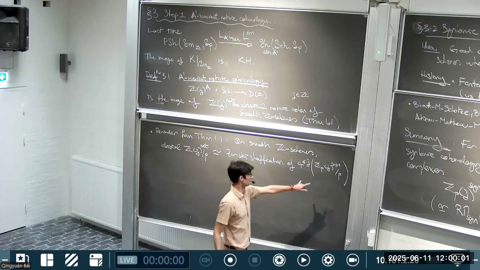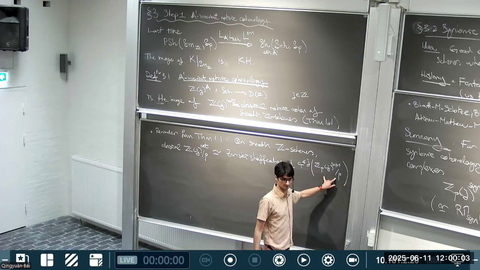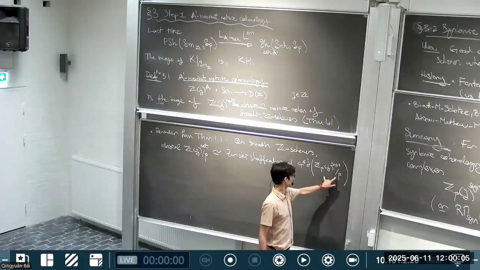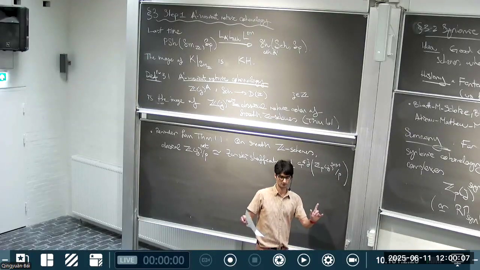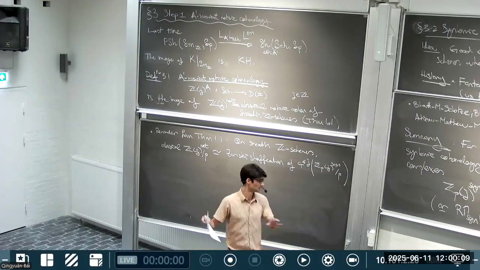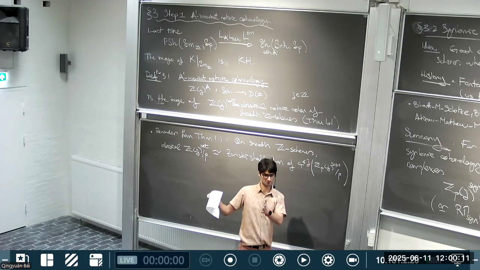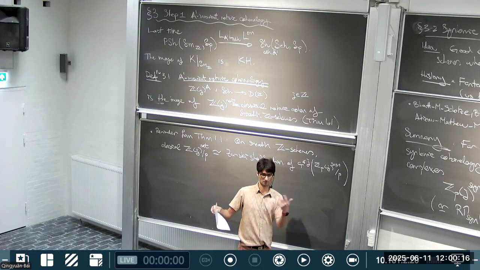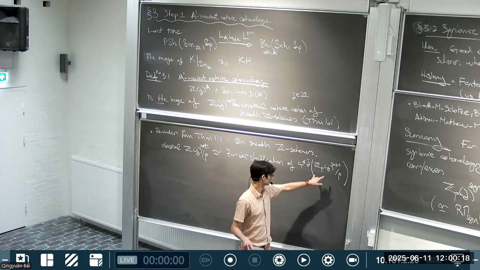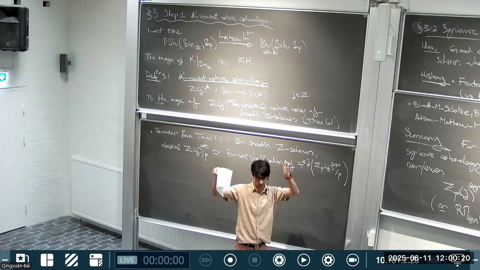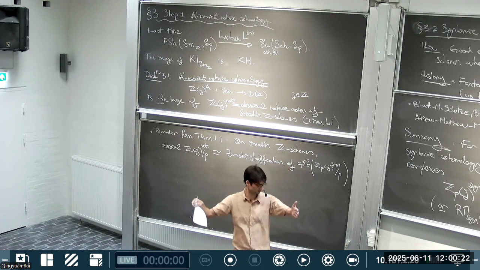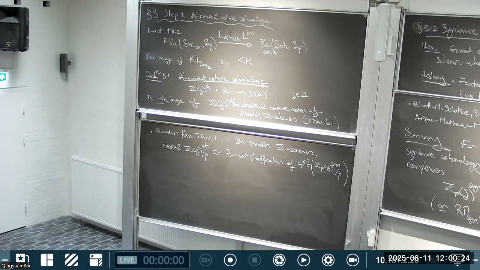But this is something that Matthew will compute quite explicitly by a localization sequence. On a smooth Z scheme, I can look at the piece where p is invertible, and there I'm given by étale cohomology, and then I can look at the special fiber mod p. You have a localization sequence relating the p-adic étale cohomology where p is invertible to this invariant on the special fiber, and you can glue them together to produce the syntomic cohomology of the model.